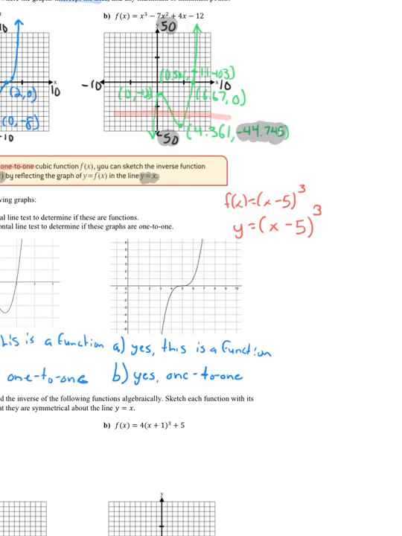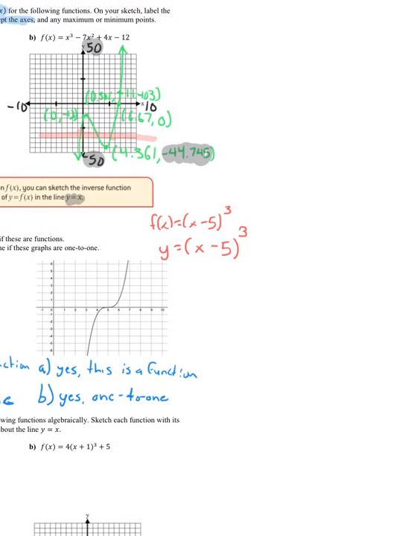If I wanted you to find the inverse algebraically, and you remember, this is a little throwback to AGS3. We did it a little bit last year too in IB in first semester. What do we do first when we're finding the inverse? What do we do with our x's and y's? You flip them. So the first thing we do is we say x equals y minus 5 cubed.